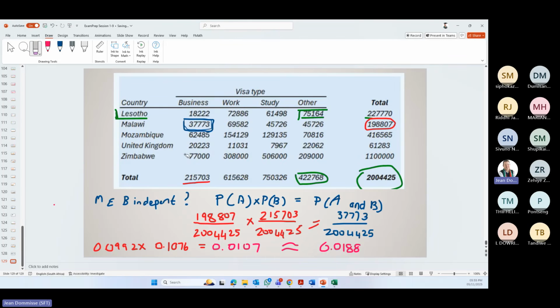It just shows that there are no people in that country and that visa type, which means that it is mutually exclusive. Whenever you see a 0 in a data table, it's different if it's a blank, because then they probably want you to complete the table. But if there's a 0 in the table, it means a 0, and it means that those two variables are mutually exclusive.